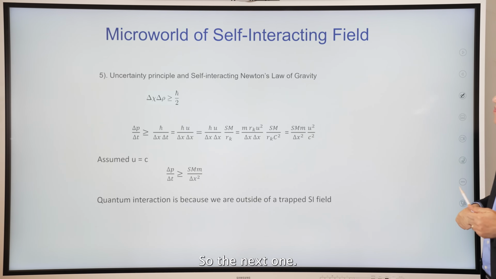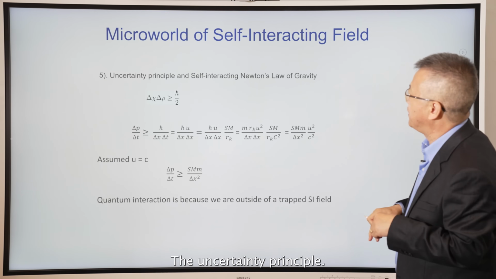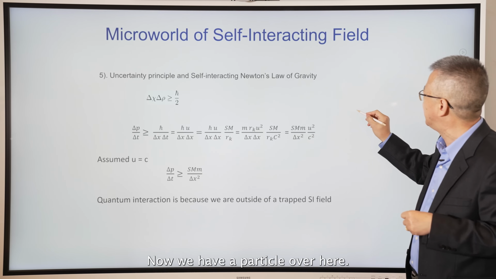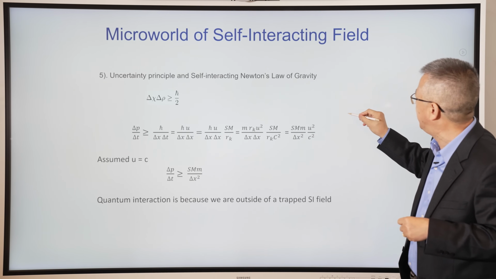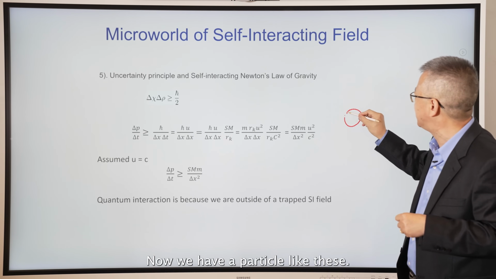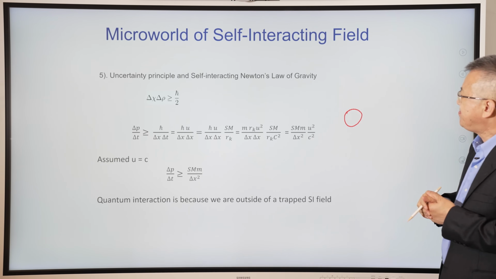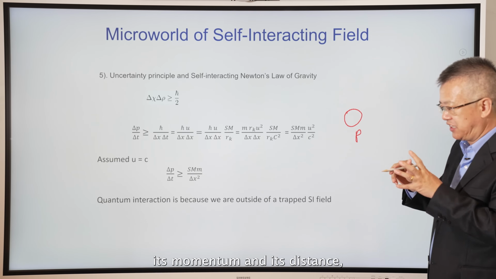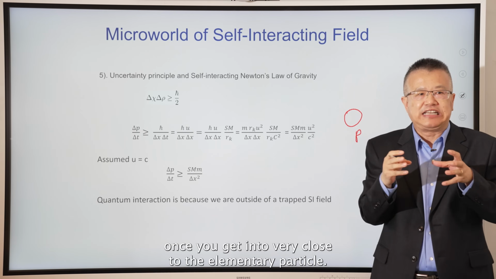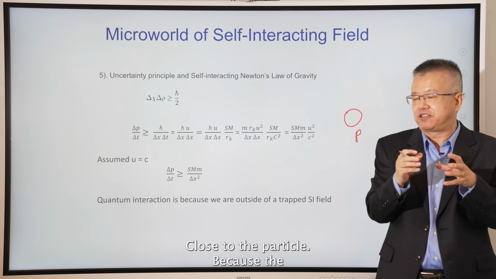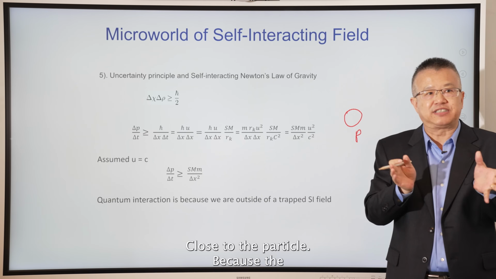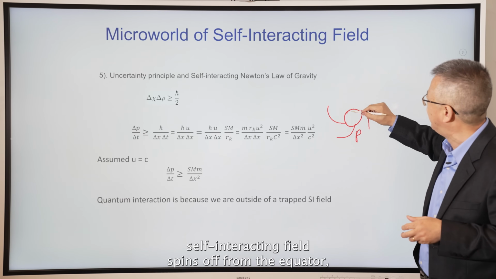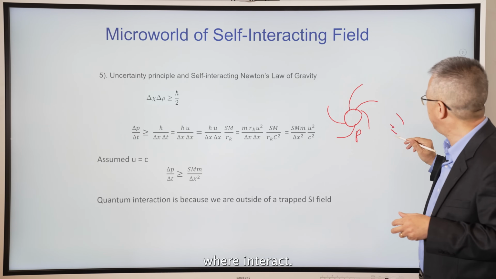The next one is the uncertainty principle. People talk about that if you have a distance, now we have a particle over here, like this. If we're trying to measure its momentum and its distance, once you get very close to the elementary particle, the self-interacting field spinning off from the equator will interact.